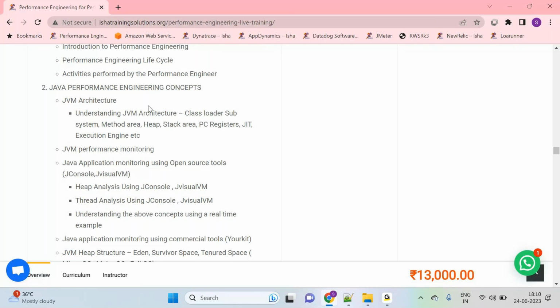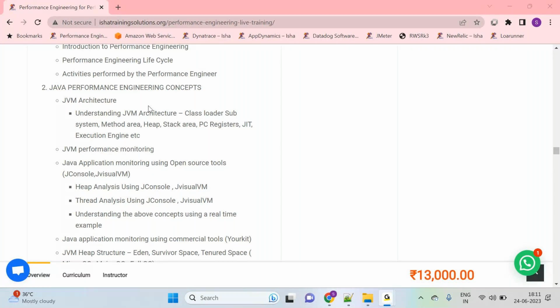Similarly, .NET runs on the CLR, the common language runtime. So as part of the learning, we are first going to understand the fundamentals of JVM architecture.